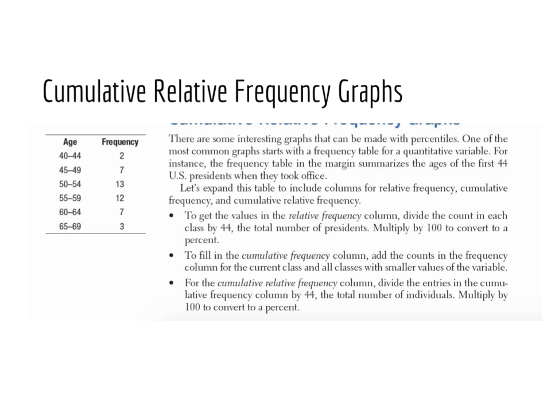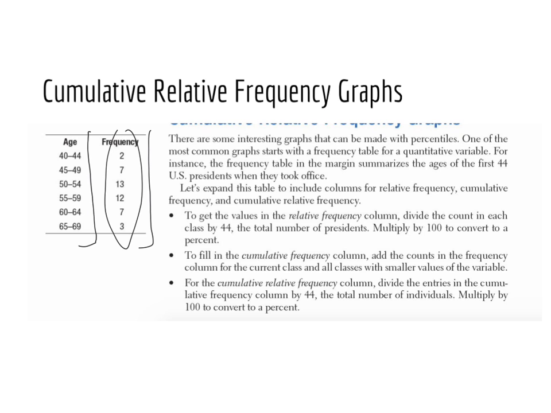We can see these ages right over here, and we have the frequency. Between 40 and 44, there were only 2 presidents. 45 to 49, there were 7. 50 to 54, there were 13, and so on. That's the number of presidents that fell within those age brackets.